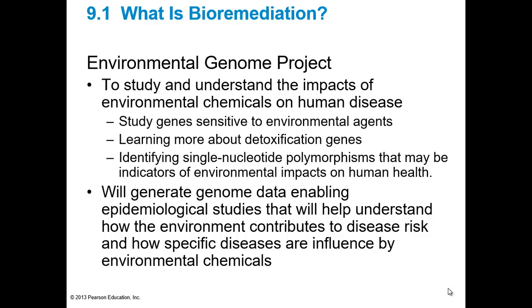We need to generate genomic data, and then we can look at who has these SNPs via epidemiology, and then we can understand how the environment contributes to disease risk and how specific diseases are influenced by environmental chemicals. These would be long-term diseases like Alzheimer's disease, Parkinson's disease, autism spectrum disorder, ADHD, and we can understand why these diseases are approaching epidemic proportions and what toxins in the environment may be impacting that.